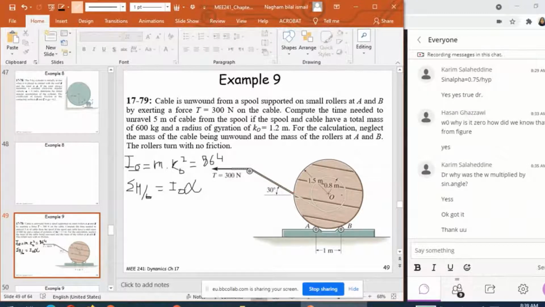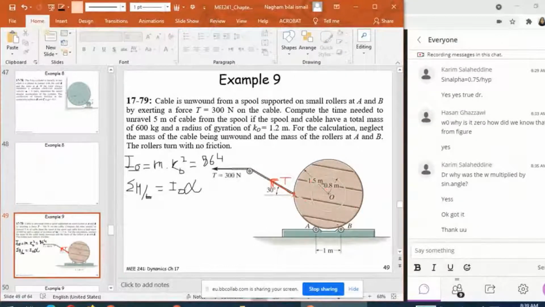What are the forces exerted on this disk with this cable? T, right? So guys, I need to find this T exerted on this disk. That's why I took this T, not this one. And I know that this T in magnitude is equal to this T.